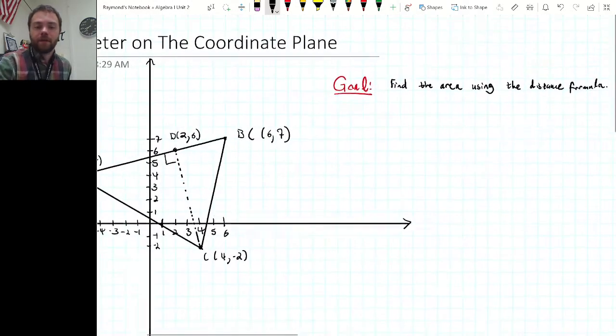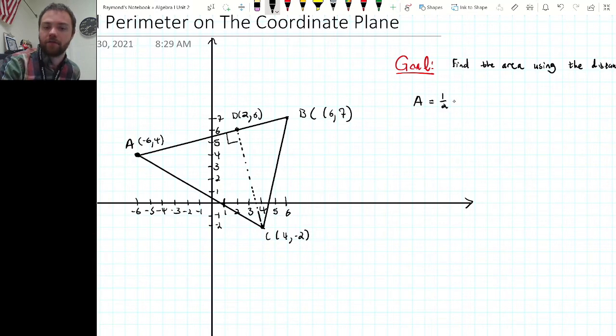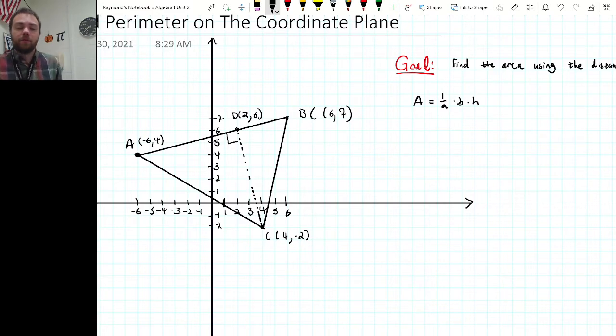Okay, so in this case, our shape is a triangle. If you've forgotten the area of a triangle, area is equal to 1/2 times the base times the height. So really what we have to do is find the base and the height of this triangle, and then we're good. That's all we have to do.